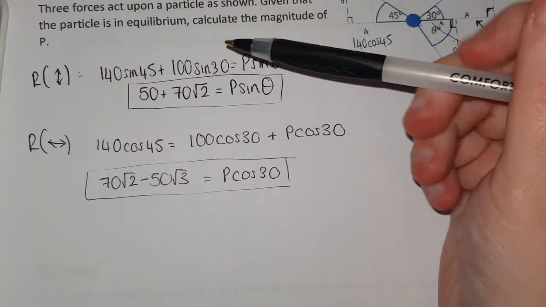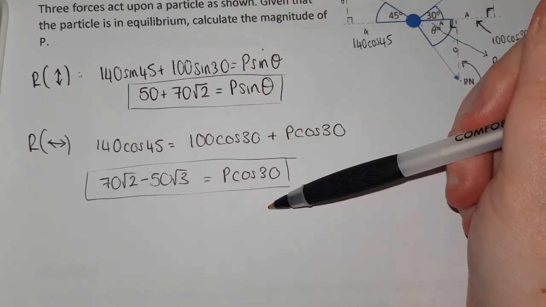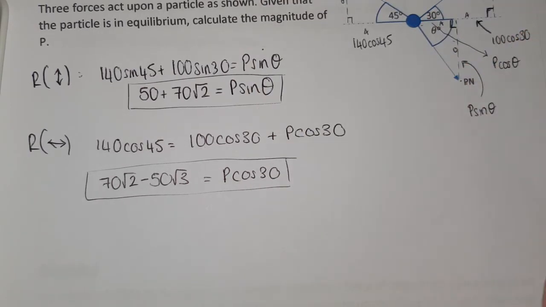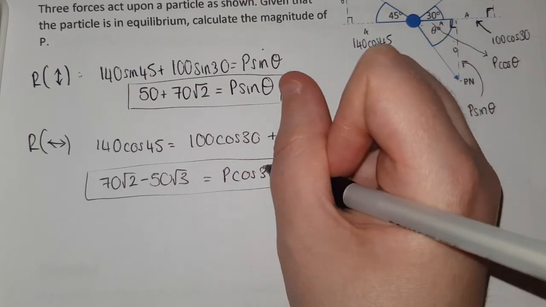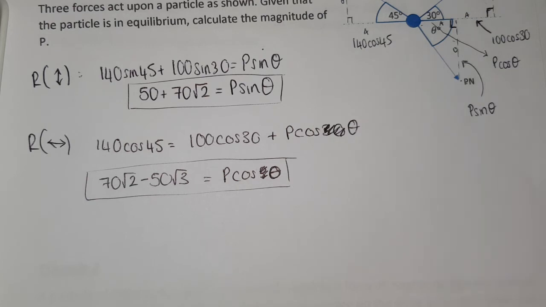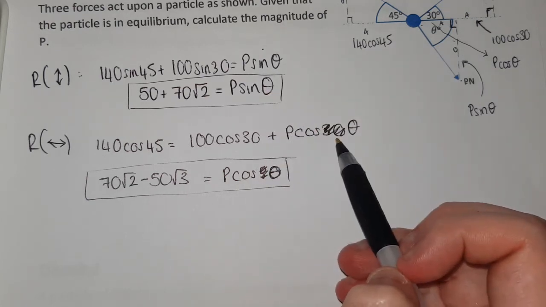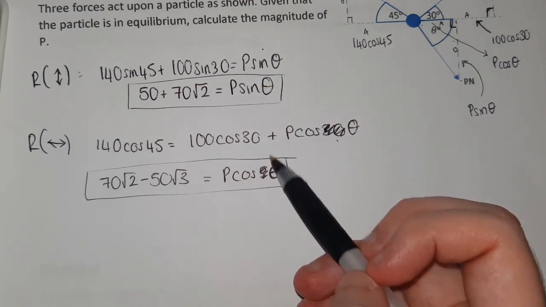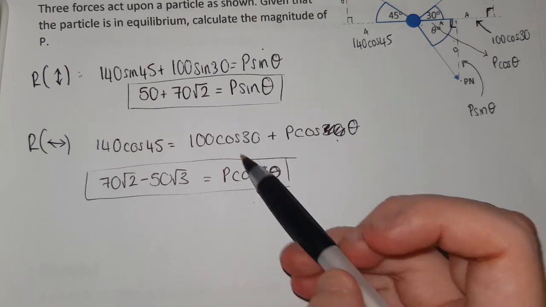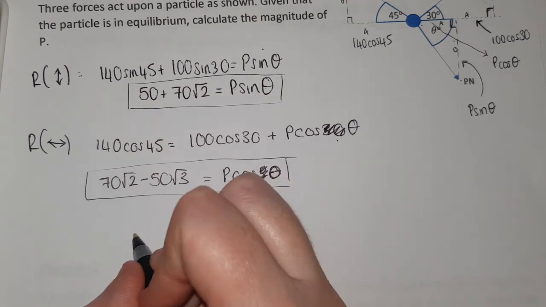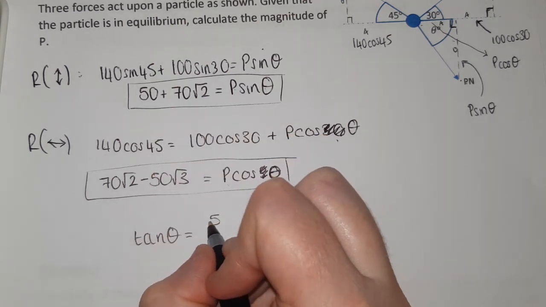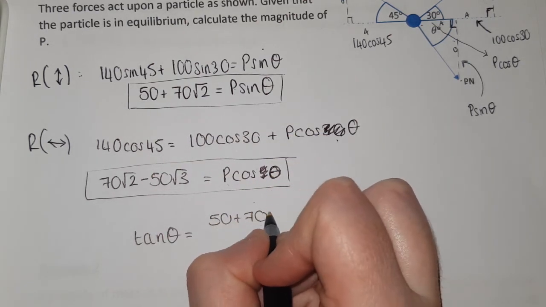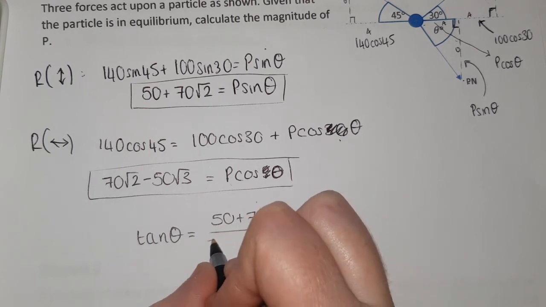Now that I've got one equation in terms of sine and one in terms of cos, okay, why did I write 30? That should say theta. Sorry about that, guys. In which case, because they're sine theta and cos theta, I can turn sine and cos into tan if I do this one divided by this one. P's would obviously cancel out. I'd end up with tan theta equaling all of the sine one divided by the cos one.